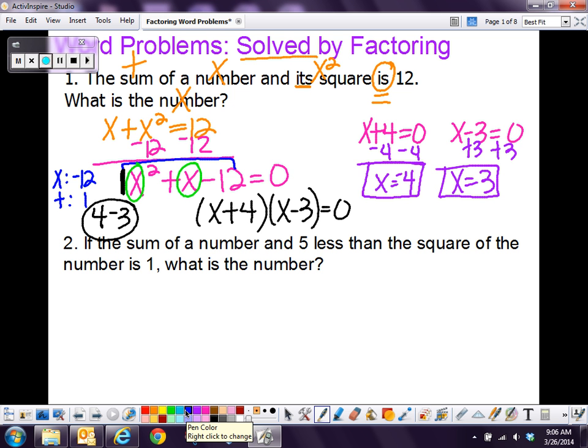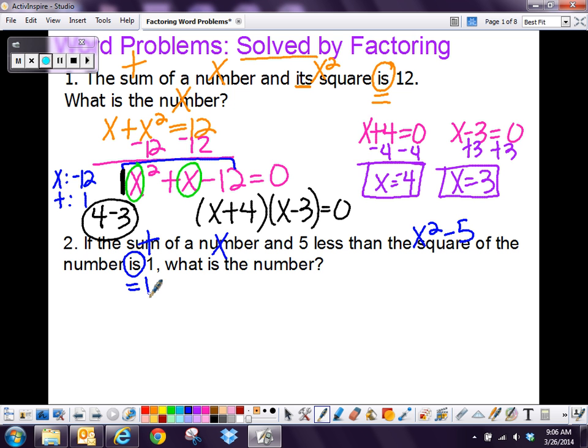Okay, number 2. If the sum of a number, so there's sum again, of a number, so that's x, and 5 less than the square of the number. So the square of the number, we just saw that would be x squared, and I need 5 less than that. So that would be x squared minus 5 is, there's that word is again, equals 1.